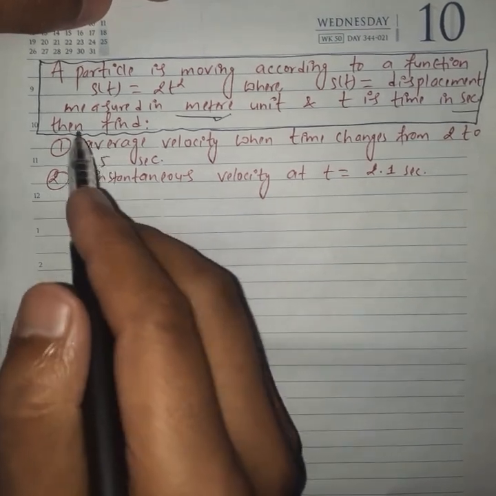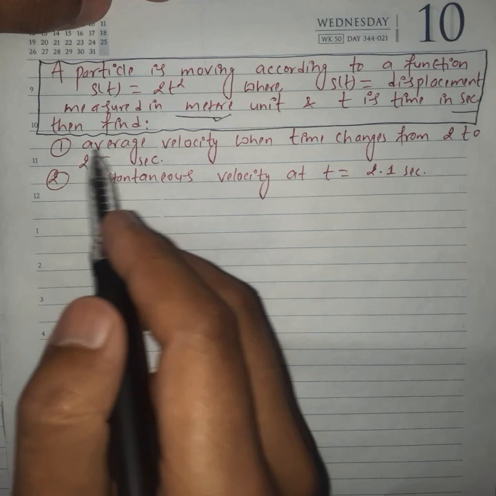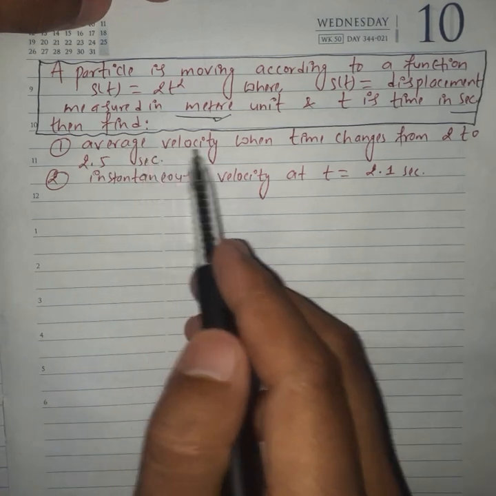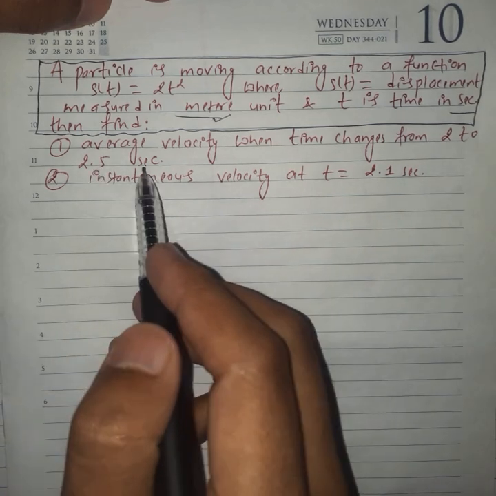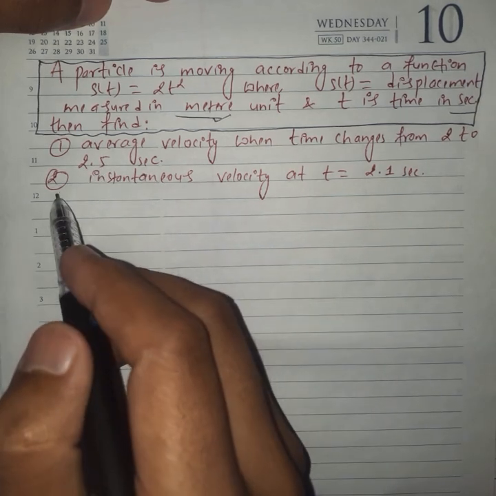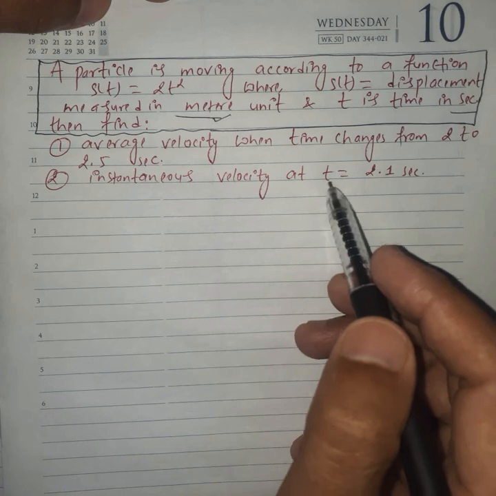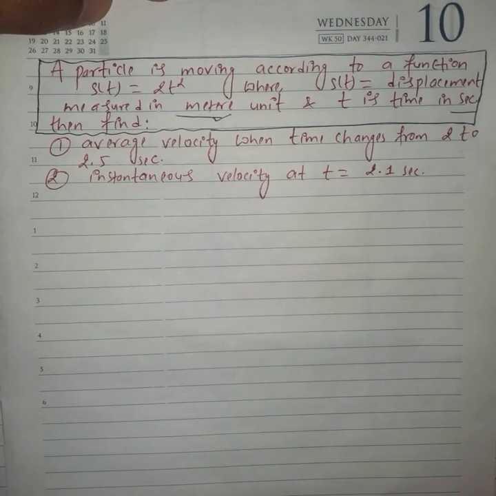Here are two questions. The first is the average velocity when the time changes from 2 to 2.5 seconds. Question number 2 is the instantaneous velocity at the exact time t equals 2.1 seconds.